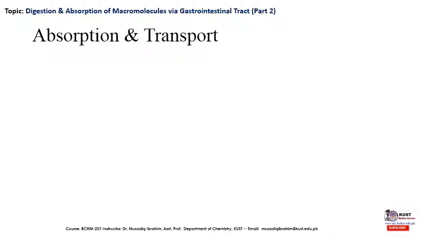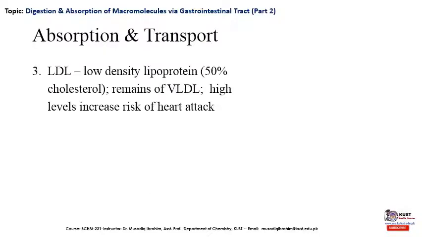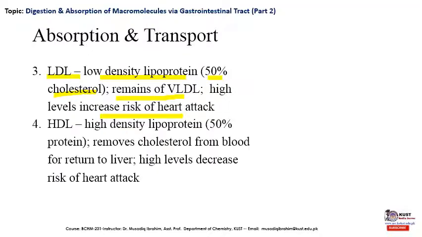Now, the other type of lipoproteins are low density lipoproteins, which are composed of 50% cholesterol, and they may contain remains of very low density lipoproteins, and high levels of low density lipoproteins can increase the risk of heart attack.